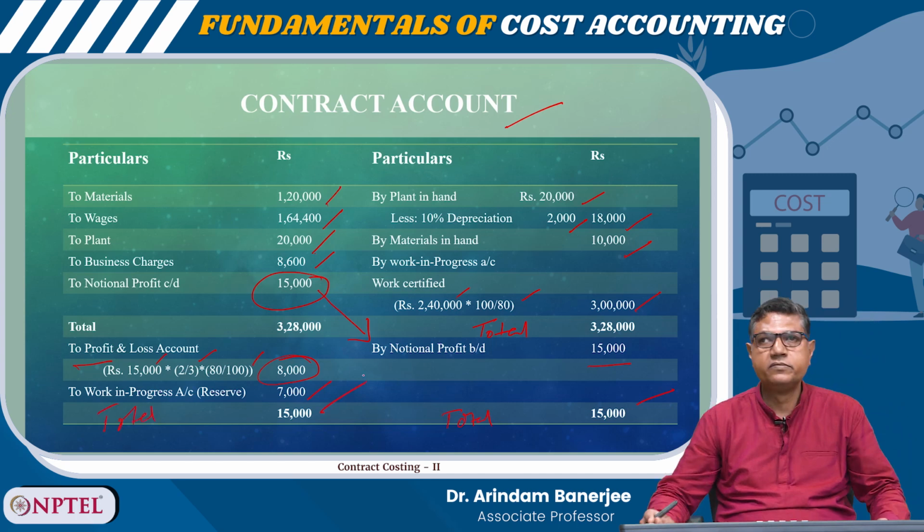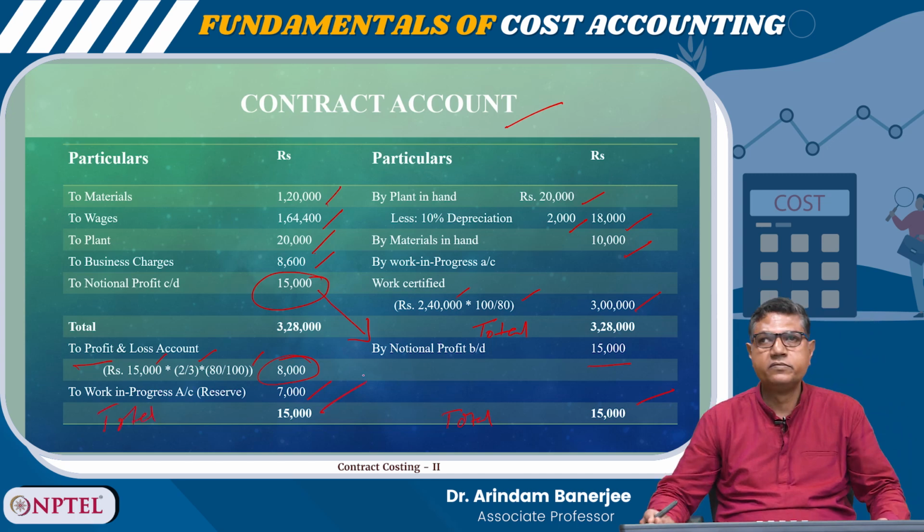To wages, it is 2 lakh 50 plus 5,000, 2 lakh 55,000. Plant and machinery at site 60%, it is 15 lakh. Fuel and power 1,25,000. Site expenses 5,000. Office expenses 12,000. Rates and taxes 15,000.